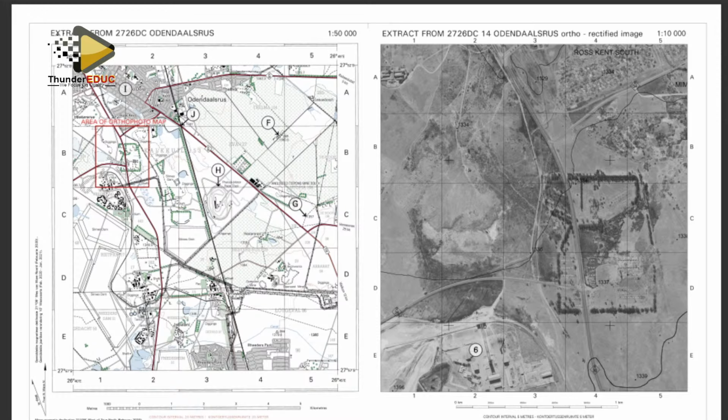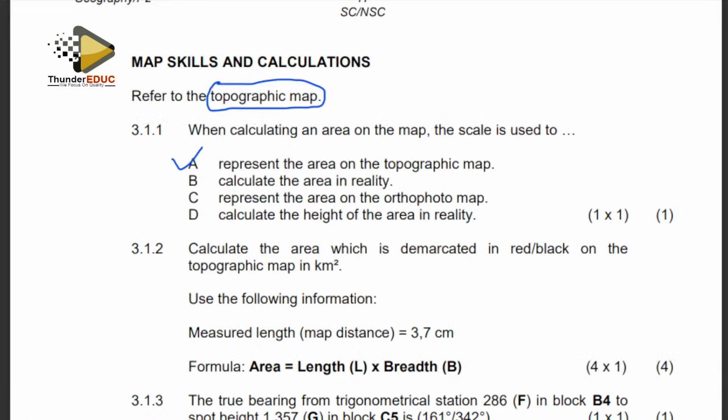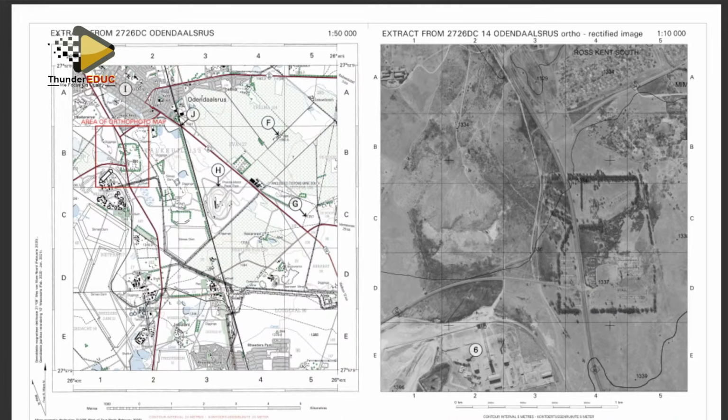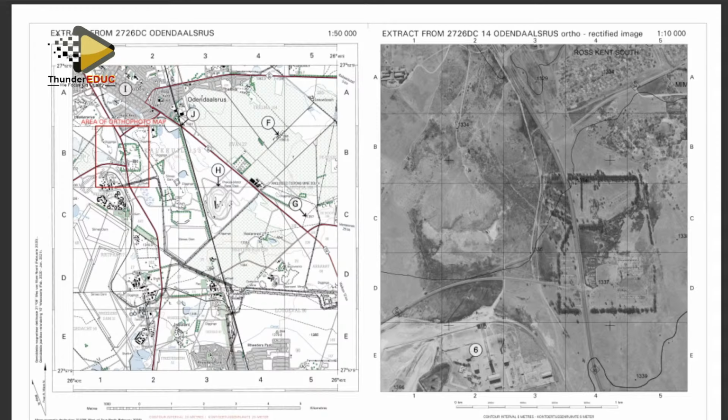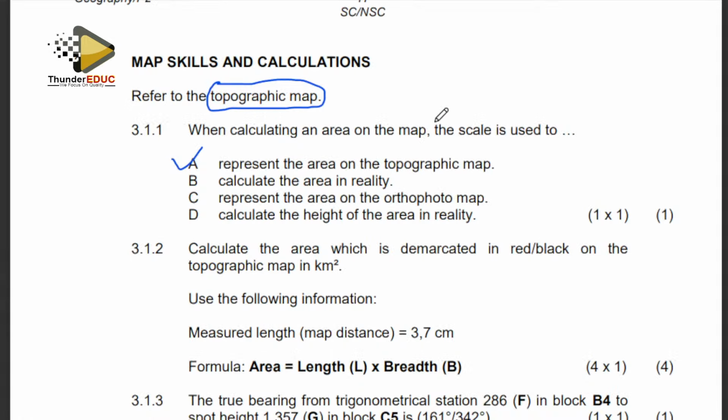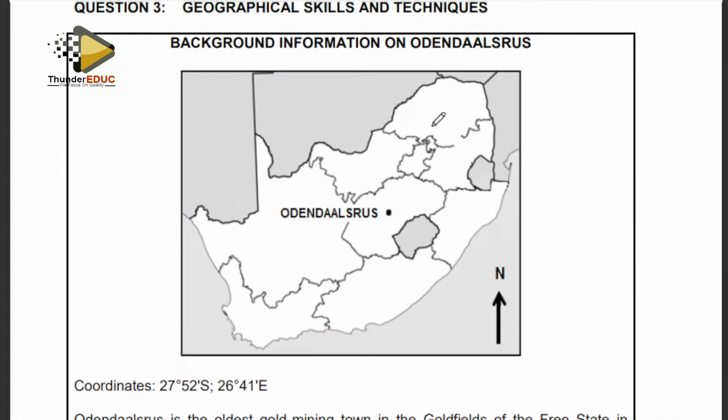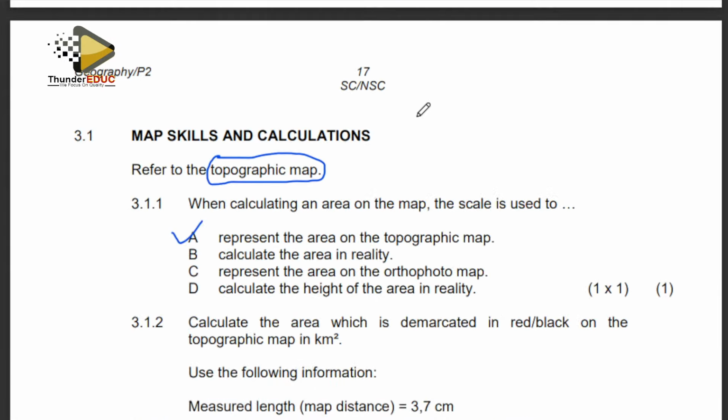You get your ruler and measure from here to here. But according to the question, the length is already given. So we are just going to calculate what is not given.